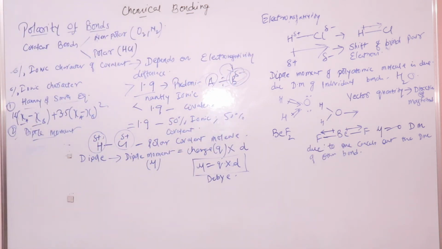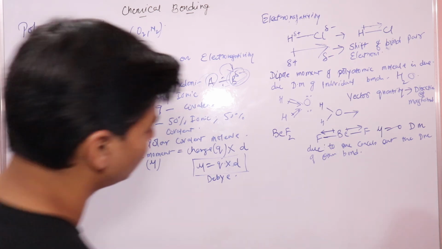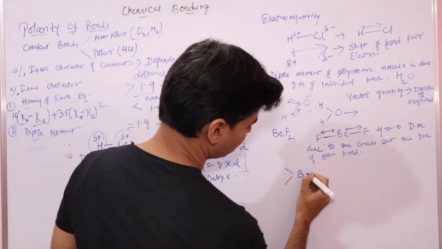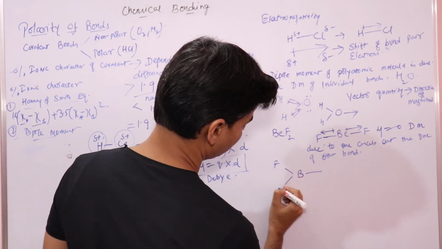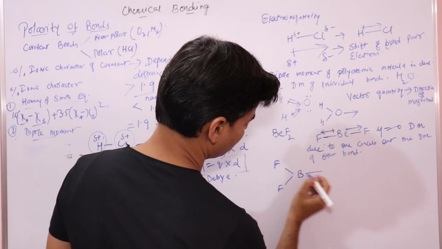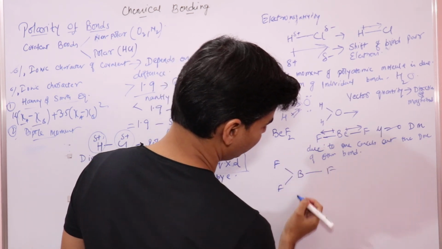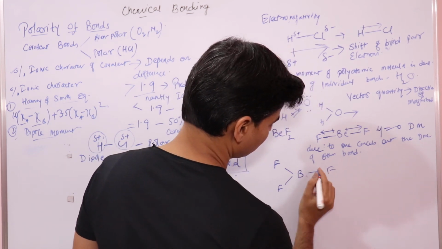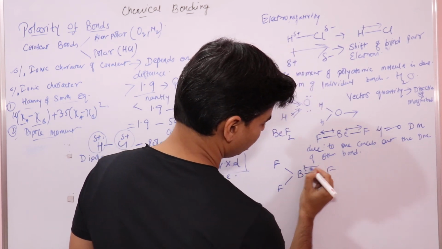Now let's look at another example, boron trifluoride. Fluorine is highly electronegative, so it would be like this.